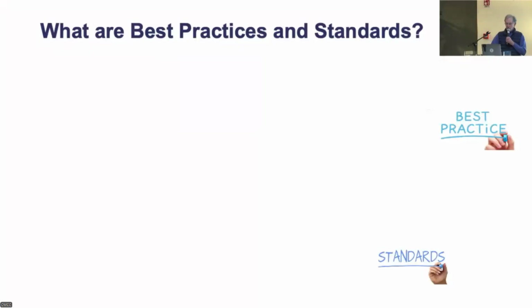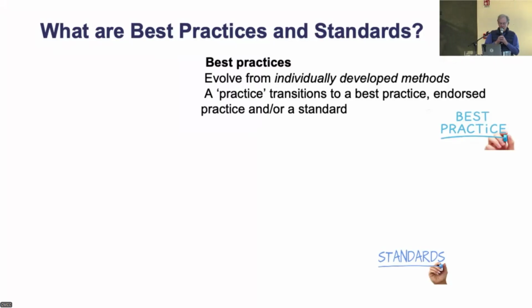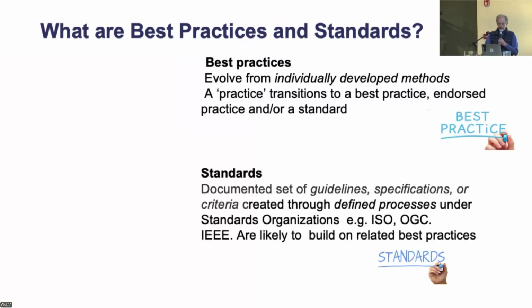Okay, so let's talk about best practices and standards very briefly. A best practice is something which basically is driven from the bottom up. They're individually developed methods, and then a practice transitions to a best practice or an endorsed practice or perhaps a standard. The standards are generally top down, with international standards organizations, whether that's ISO, CEN in Europe or elsewhere.